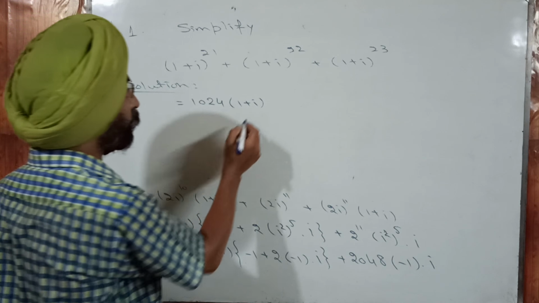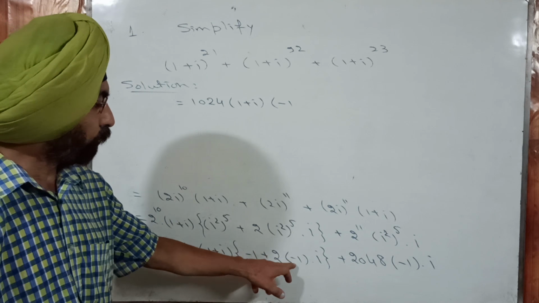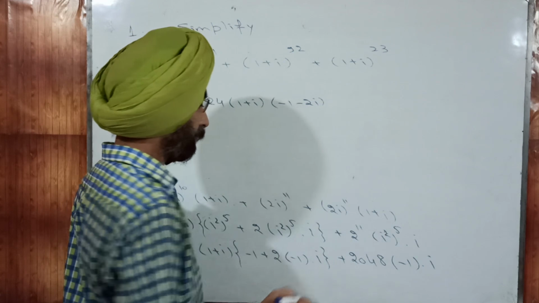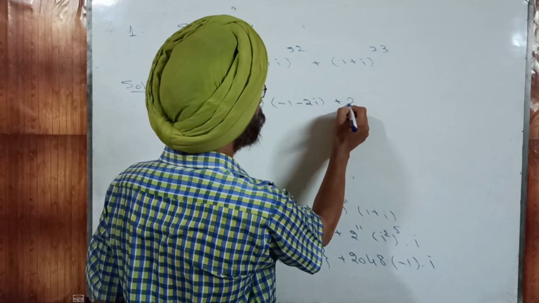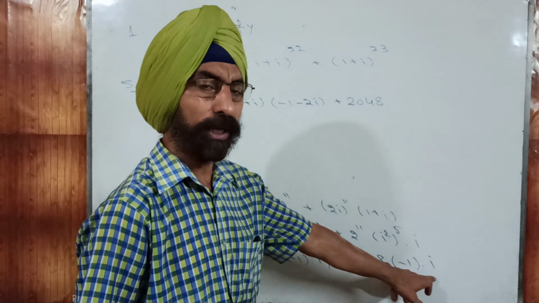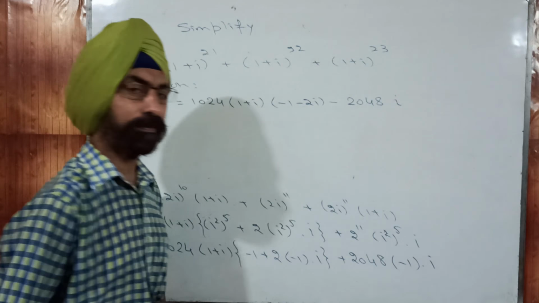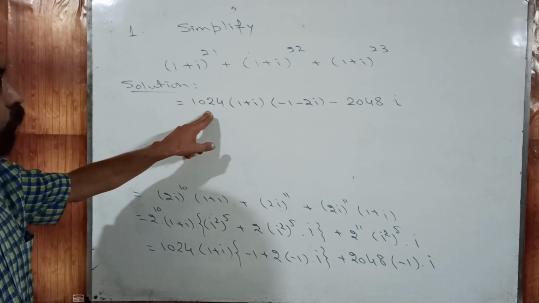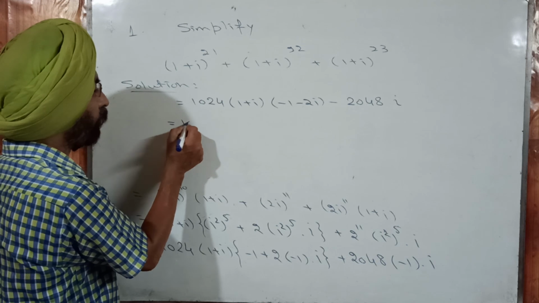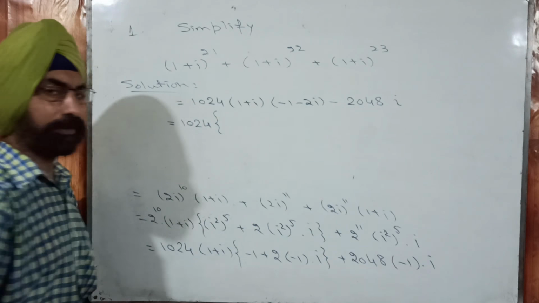In the bracket, what you are going to get is minus 1, and the second term is 2 into minus 1 into iota, which is minus 2 iota, plus 2048, and this is minus 1 into iota, which is minus iota. Once again, 1024 is here, 2048 is here, so you can take 1024 as common from both these terms.